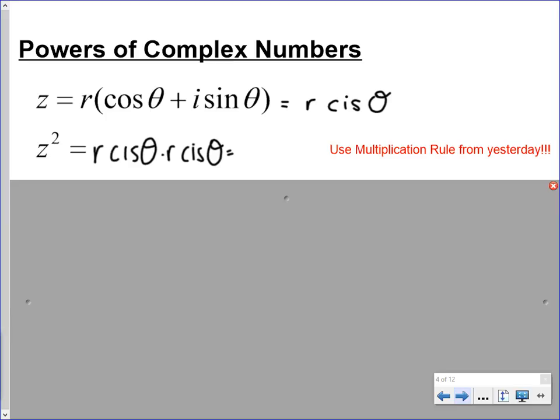In multiplication, it would tell you if you're multiplying two complex numbers in trig form, then you're going to take the modulus from each complex number and multiply them. So our modulus for each of these is r. We're going to take r times r to get r squared.